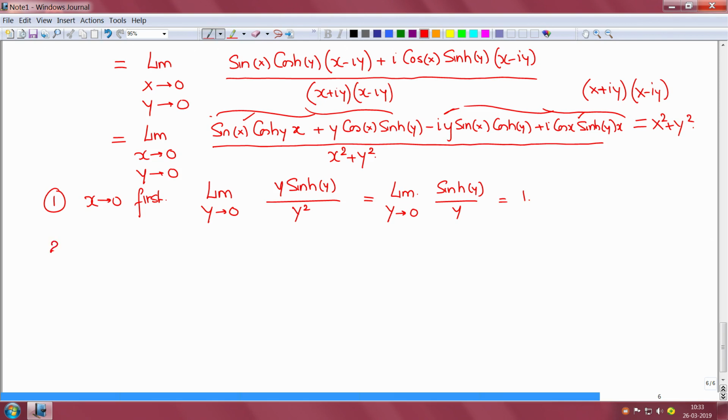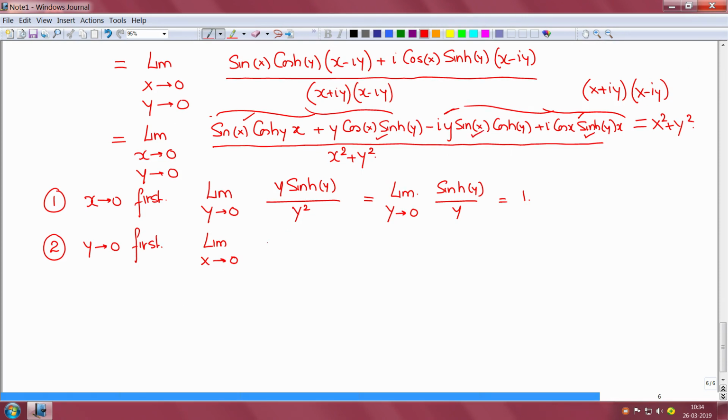Now, the second manner is we take y straight away to 0 first, okay, and then we have limit x tending to 0. So if y is already 0, this term goes to 0, and this term goes to 0.